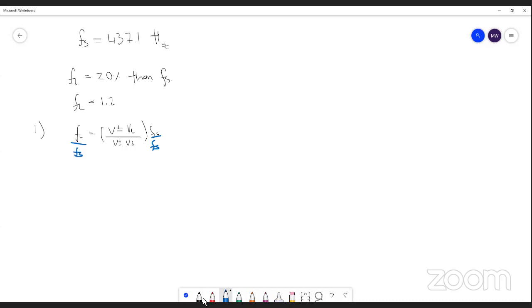So now we have FL over FS is equal to V plus or minus VL divided by V plus or minus VS. And I'm going to substitute this in here, so 1.2. And then, by the way, we know that it's stationary, so that bit can fall away.